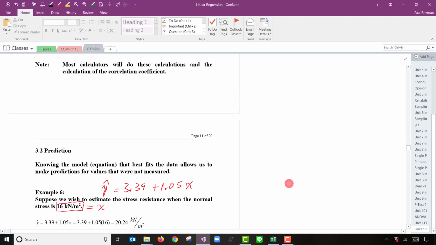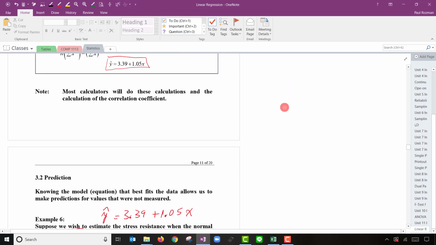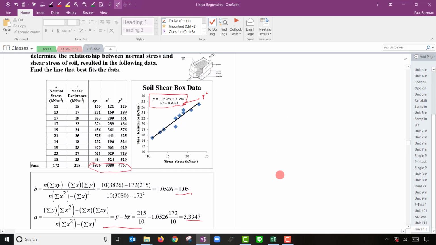Let's see if it makes sense from the picture. So we estimated at 16. We didn't have any values around 16. And we ended up with a number close to 20. So we used our model to estimate a value where we didn't really have any data, but the trend of our data makes us feel somewhat confident in that prediction.